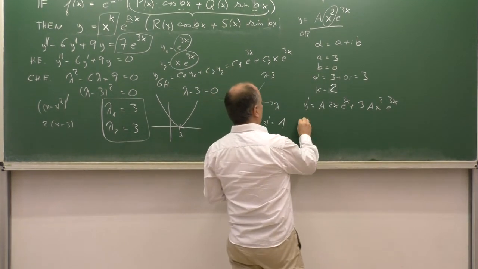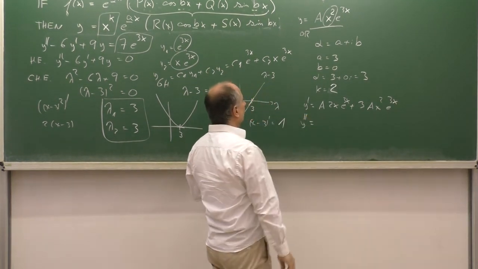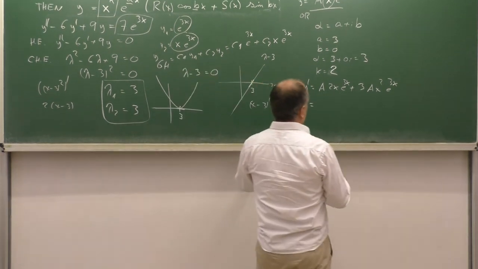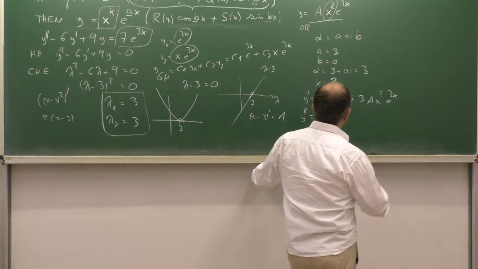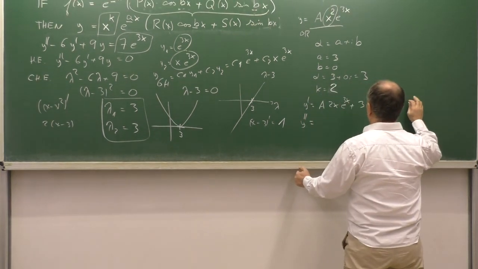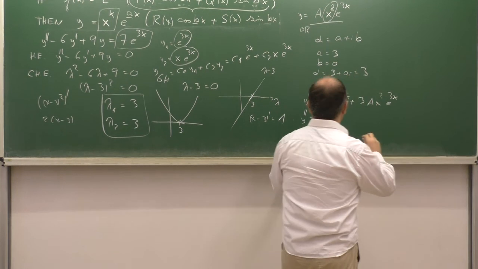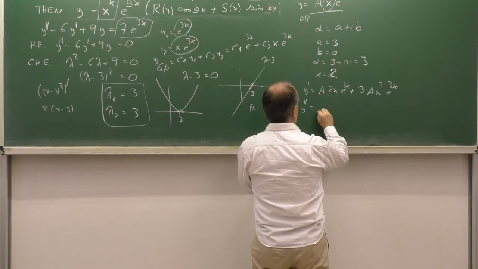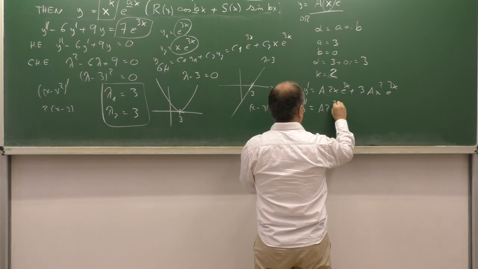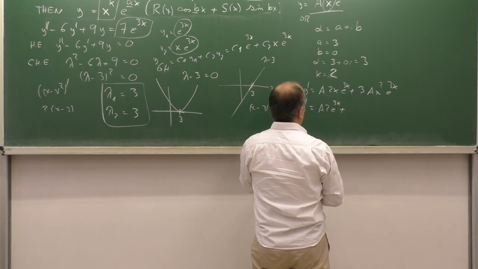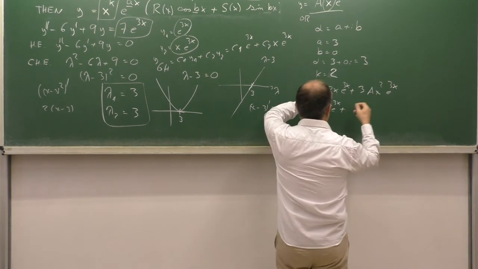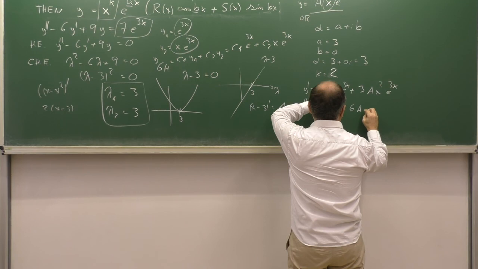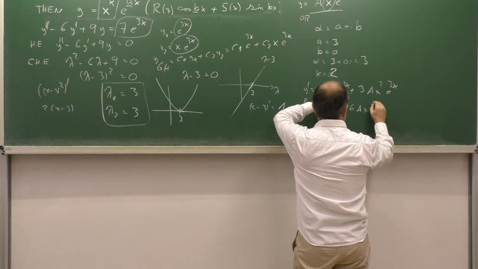And the second derivative: derivative of x is 1, plus derivative of e to 3x is 3 times this, so this is 6a x e to 3x.